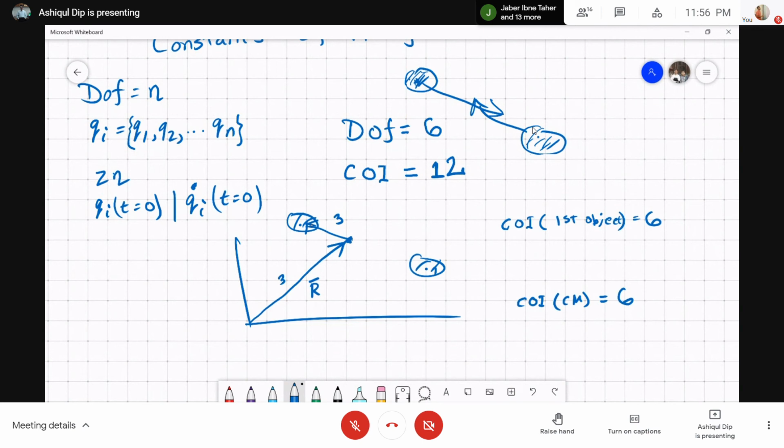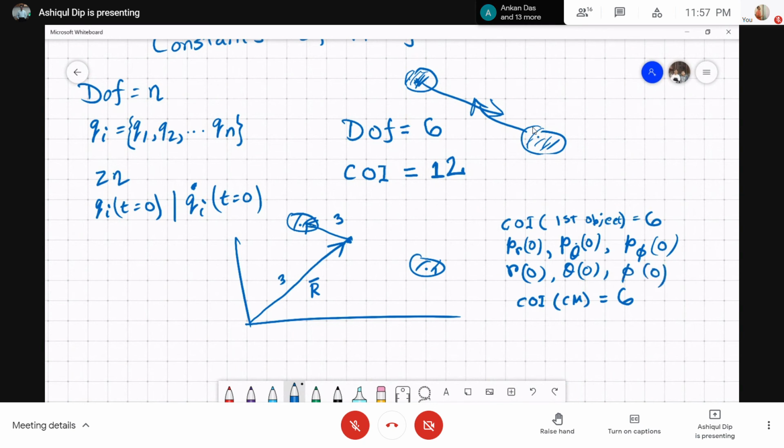So for these 6 degrees of freedom we'll have R at 0, theta at 0 and phi at 0, and P_R at t equals 0, P_theta at t equals 0 because we're doing spherical polar coordinates, and then P_phi at 0.